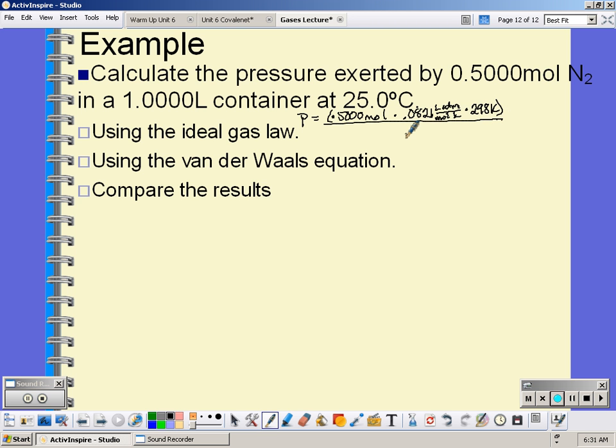For units, mole would cancel, liter would cancel, Kelvin would cancel, leaving me with atm. So we would have an answer of 12.1 atm.